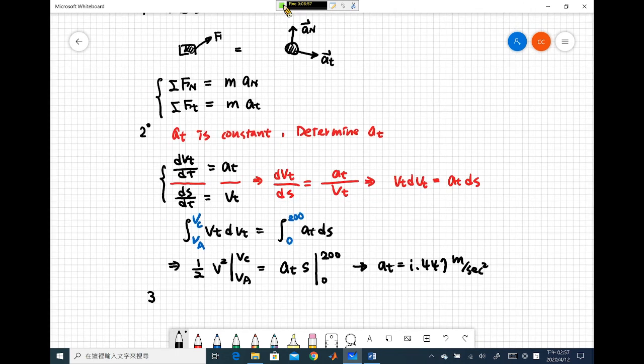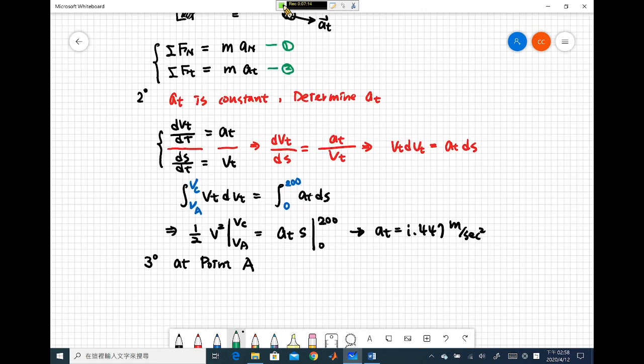So third, let's consider point A, and let's say this equation is 1, this one is 2. So for 1, your Fn from the road to the tire will be equal to your mass, not 75, it's 1500 kilogram, times An.